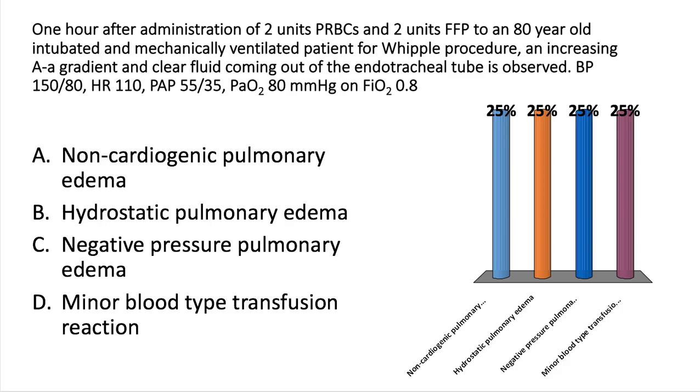Non-cardiogenic pulmonary edema would be bilateral fluffy alveolar infiltrates on your chest x-ray, less than 6 hours after a transfusion of FFP, packed red blood cells, or platelets, without elevated left-sided pressures. So non-cardiogenic pulmonary edema is TRALI. So the answer to this is hydrostatic pulmonary edema.